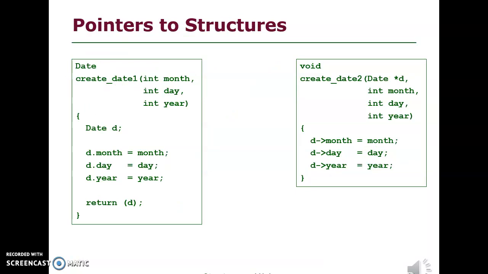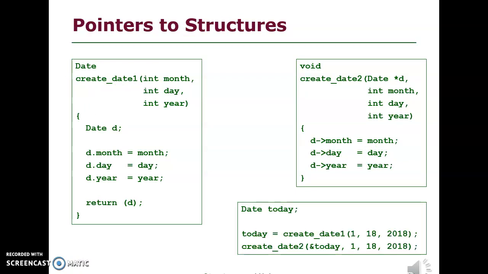And here you can see they are giving an example for call by value and call by reference. In the first example the function name is create date 1 and the return type is date. The second function is a void function, create date 2.